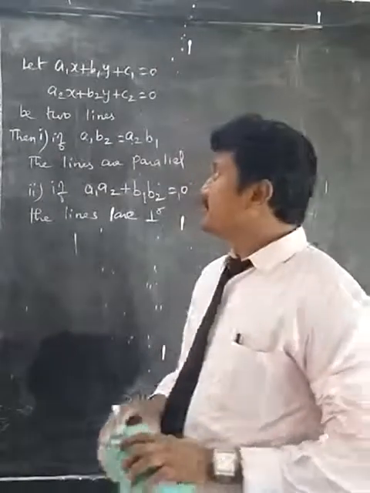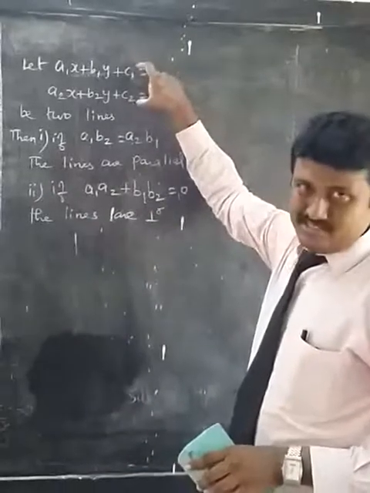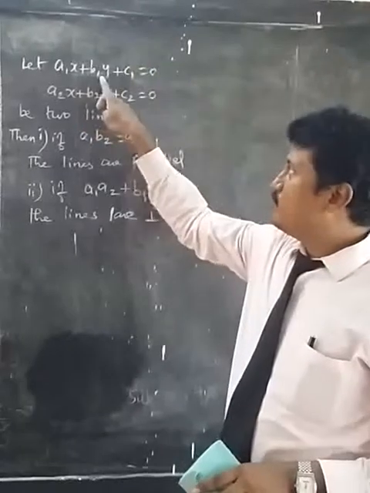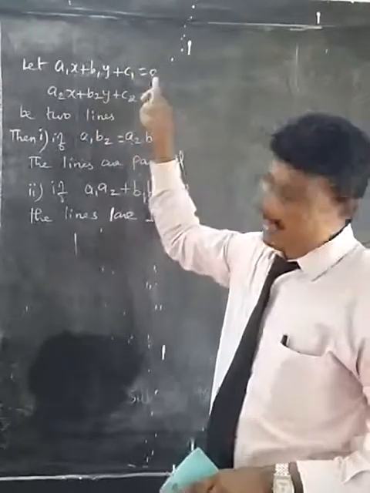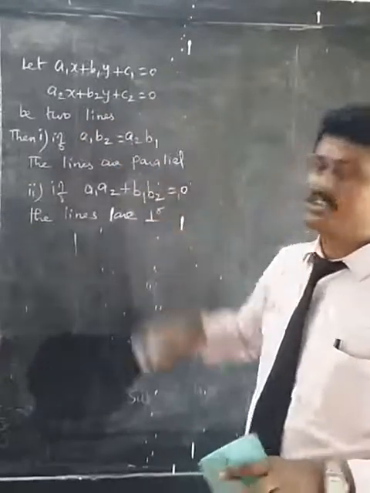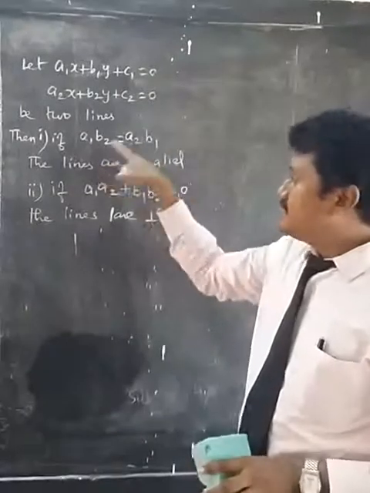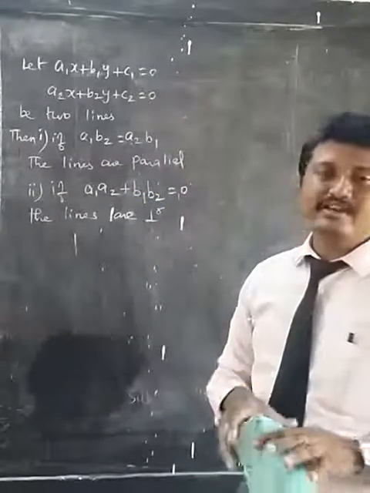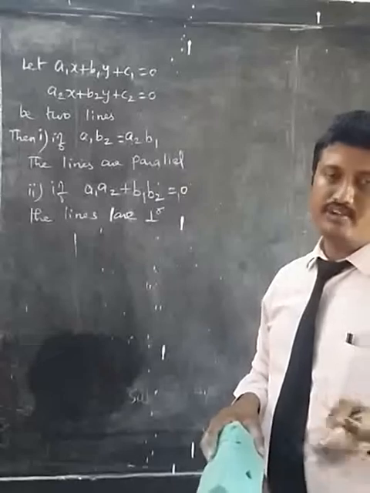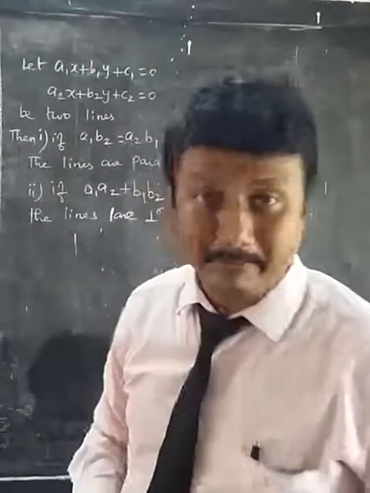The next concept is, suppose these are the two straight lines: a1x plus b1y plus c1 equal to 0 is one straight line, and a2x plus b2y plus c2 is equal to 0 is another straight line. We already have seen the conditions for parallel, right? m1 is equal to m2 if it is parallel, m1 m2 is equal to minus 1 if it is perpendicular.